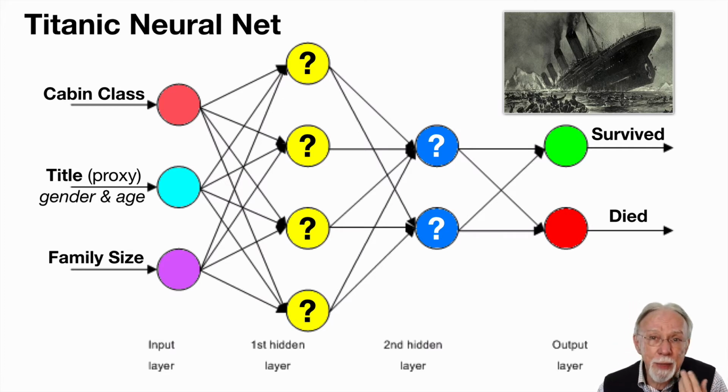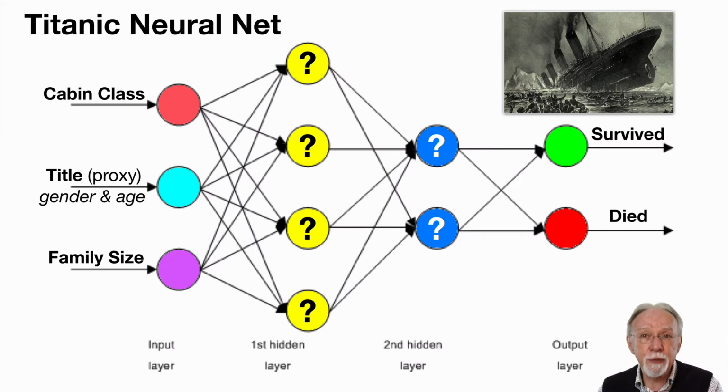But that would be like a master would be a young male. So we can tell young, old, and then family size, single, small family, large family. Those numbers get fed into the first hidden layer, the yellow layer. And those arrows aren't just directional things. They actually are weights that modify those inputs to each hidden neuron.